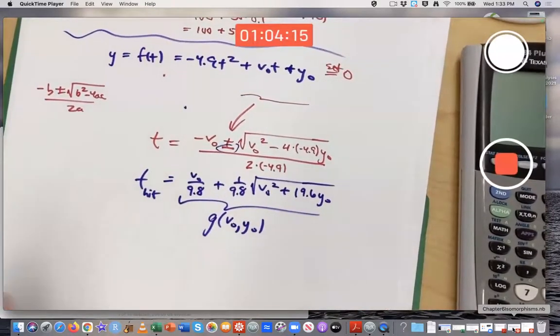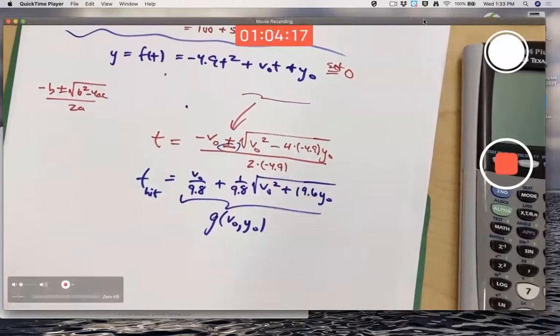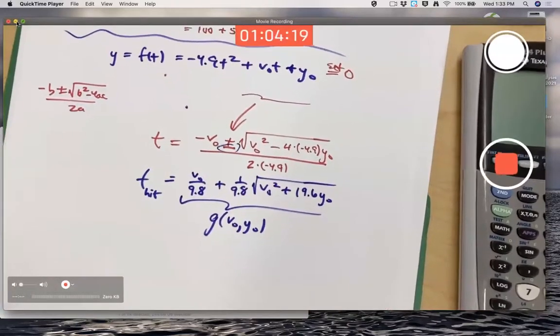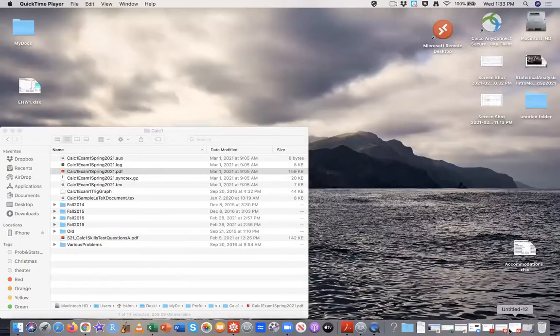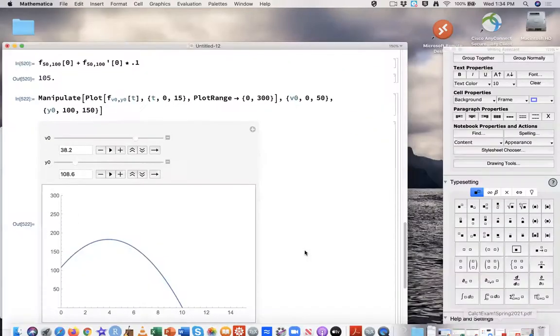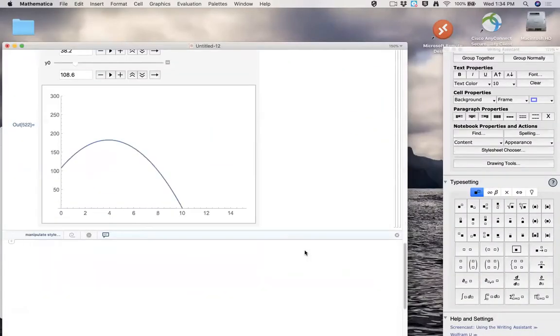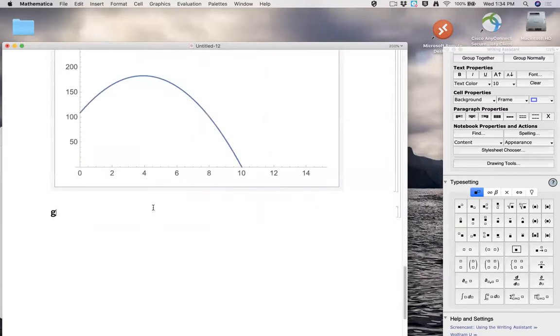Is it worthwhile thinking of it as a function? Could I plot it? Is the plot informative? Let me go ahead and type it into Mathematica. I'll call it G. G of v0 underscore comma y0 underscore.